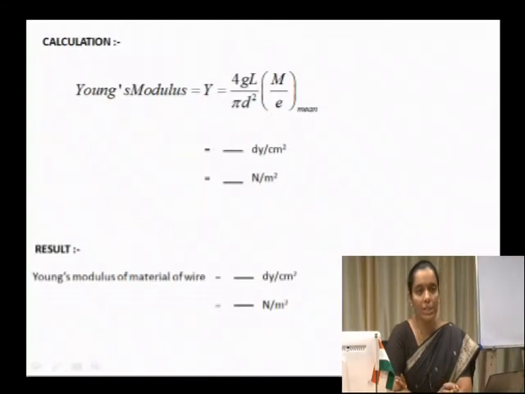Once we adjust the spirit level, we note down the pitch scale reading, head scale reading, calculate the total reading, and the remaining is all calculations. This procedure is repeated in 2 steps, first while increasing the load, secondly while decreasing the load, in steps of 500 grams each. So, that is the Young's modulus of the wire using Searle's apparatus.